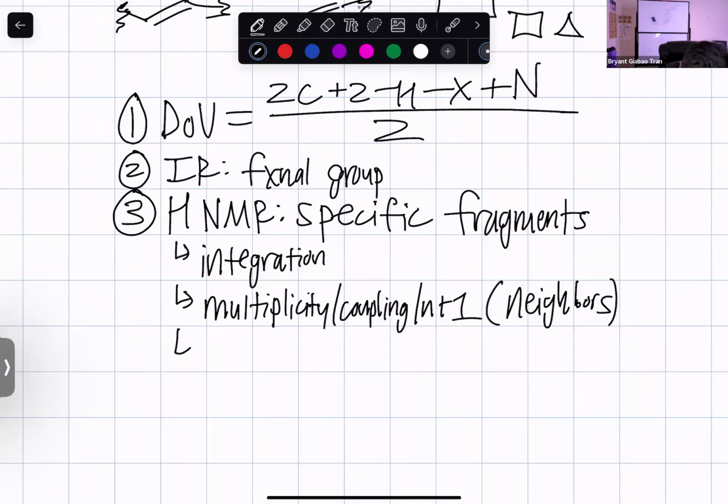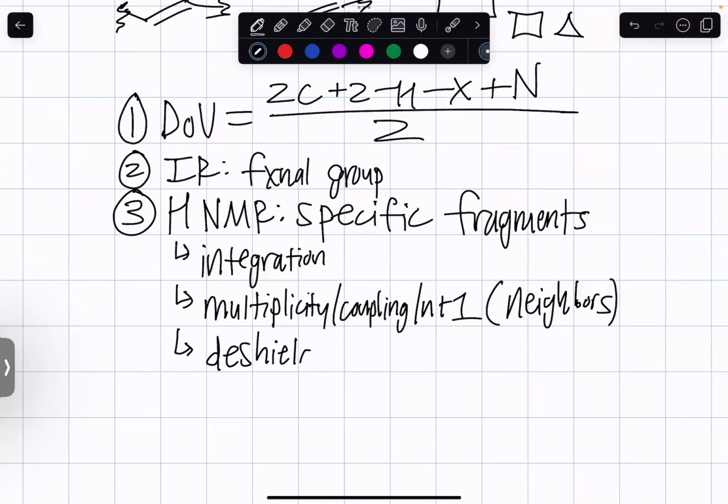And how de-shielded a peak is, de-shielding and shielding effects.